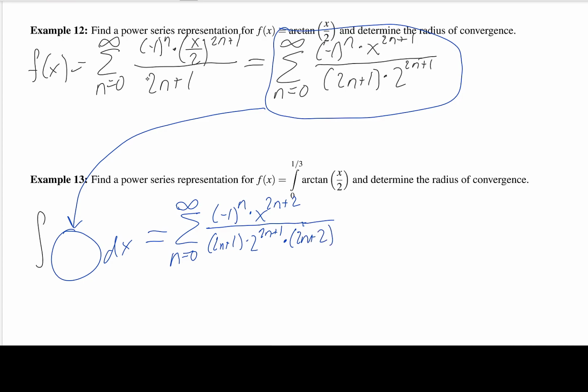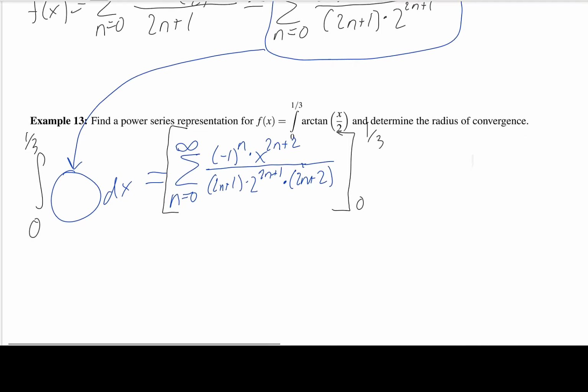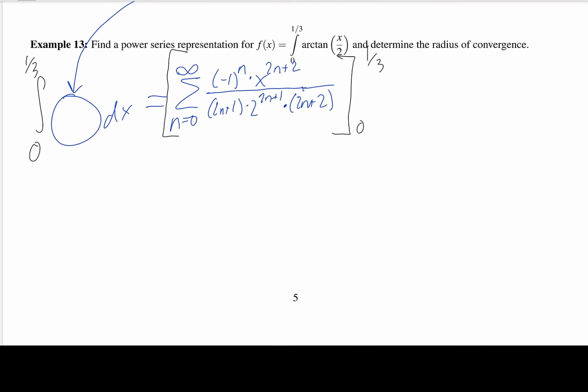Now, since this is a definite integral, I'm going to put our brackets in here so that we know that we need to evaluate, going from 0 to 1/3. So then this would be equal to, just like regular definite integrals, we plug in 1/3 for x, and then we have a minus sign, and then we plug in 0 for x.